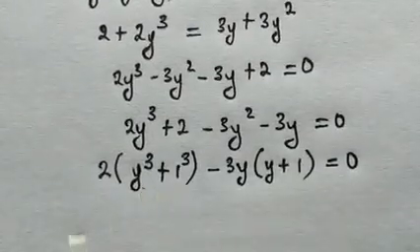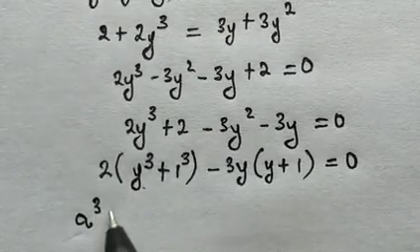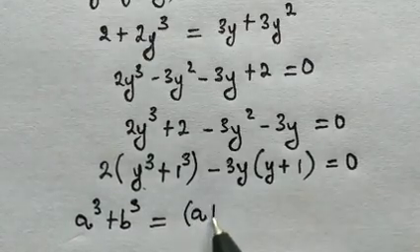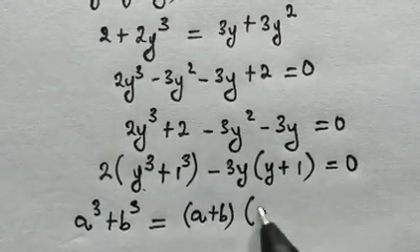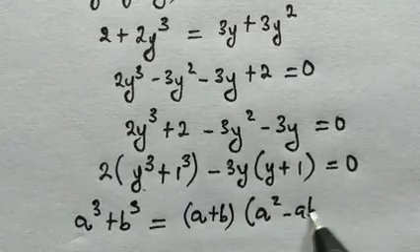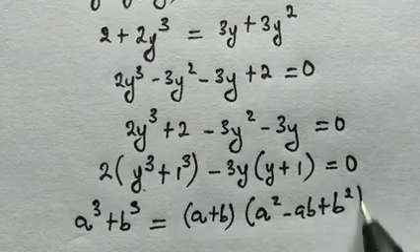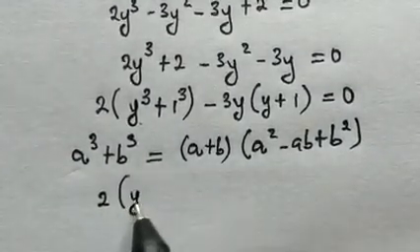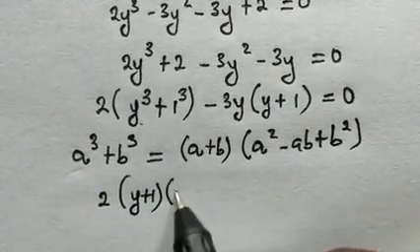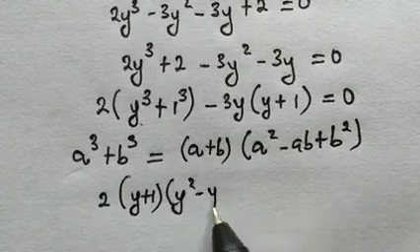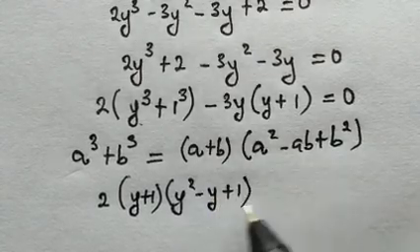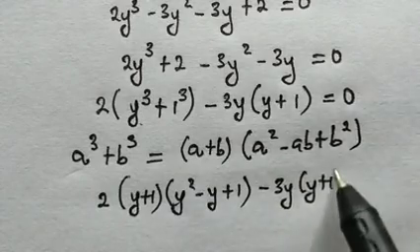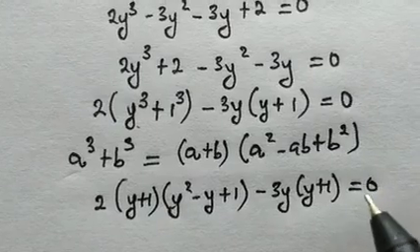Here we're going to use the sum of 2 cubes formula. A cubed plus b cubed is equal to a plus b multiplied by a squared minus ab plus b squared. From here we get 2, then into bracket this will be y plus 1 multiplied by y squared minus 1 times y, which is y, plus 1 squared, which is 1, minus 3y into bracket y plus 1, and this is equal to 0.